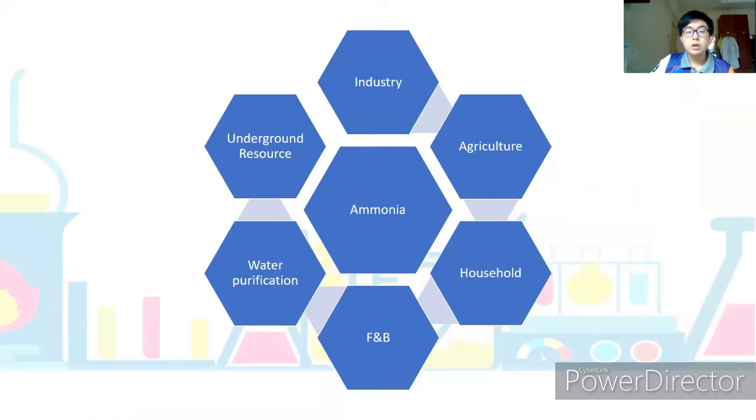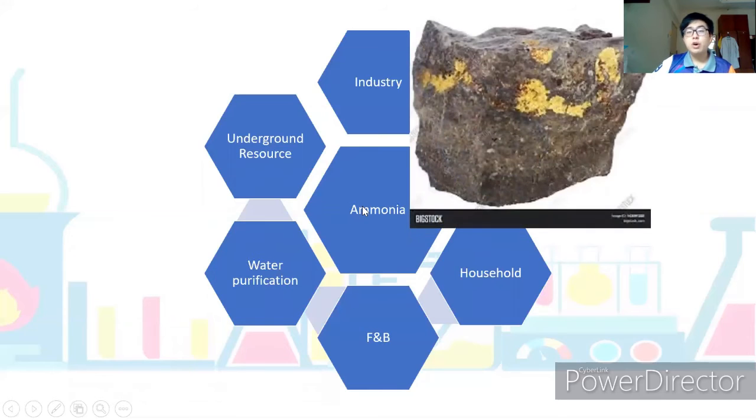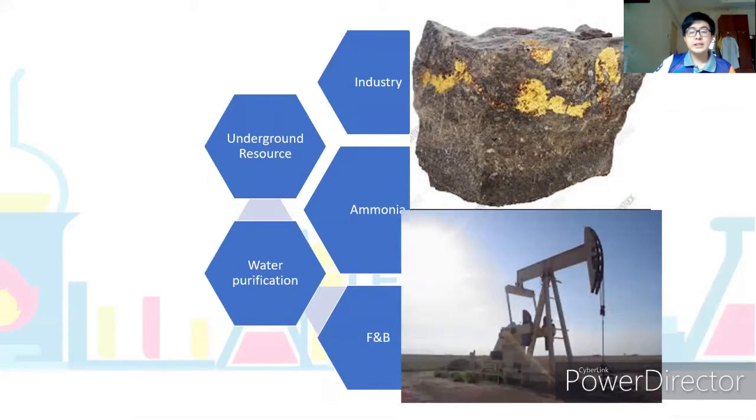For the underground resources, usually we could use it to extract or treat metal from iron ores or other metal ores, and we could also protect the equipment by neutralizing the acid constituents. For example, in the petroleum field.